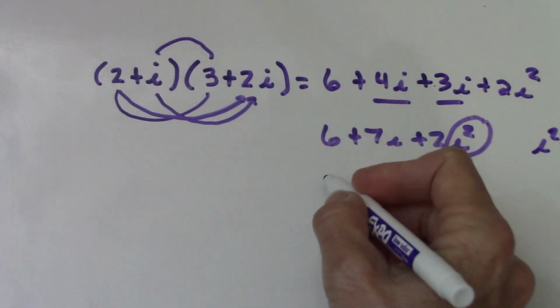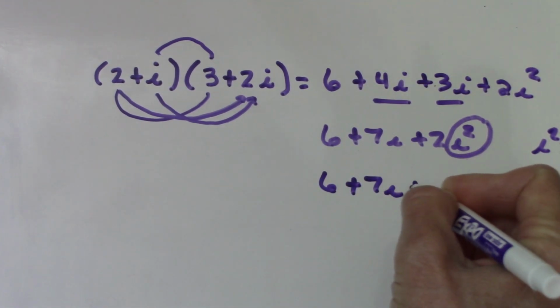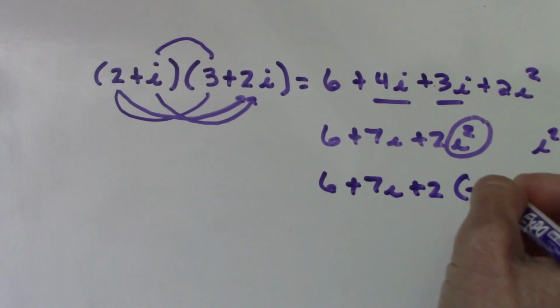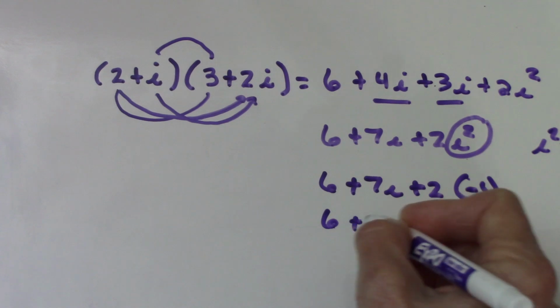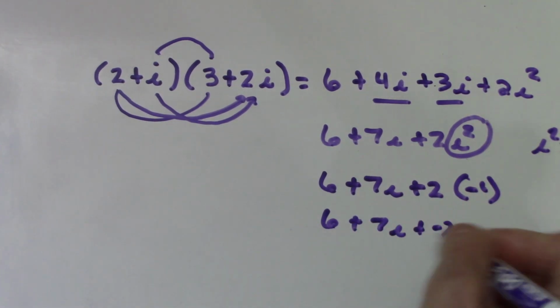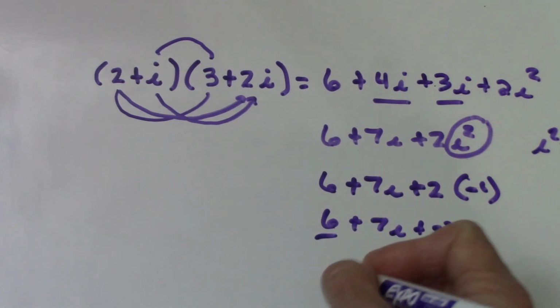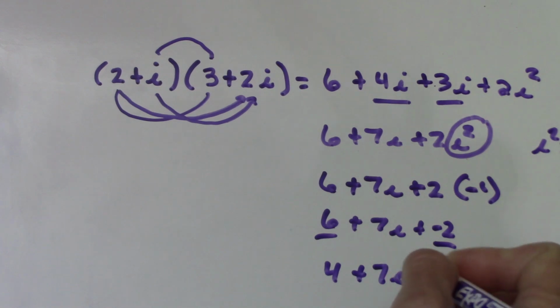So then I'm going to have 6 plus 7i plus 2 times -1. So this becomes -2. 6 plus 7i plus -2. 6 and -2 gives me 4. So I have 4 plus 7i.